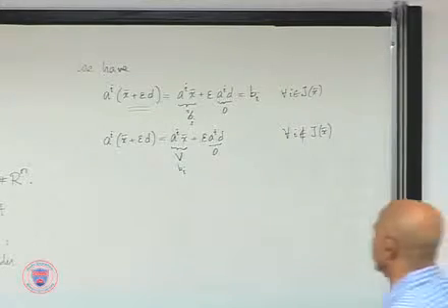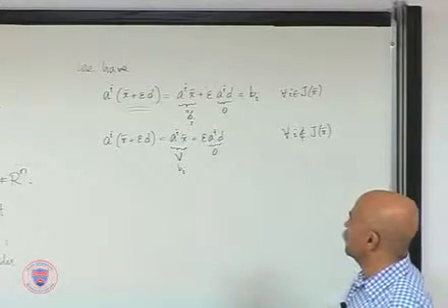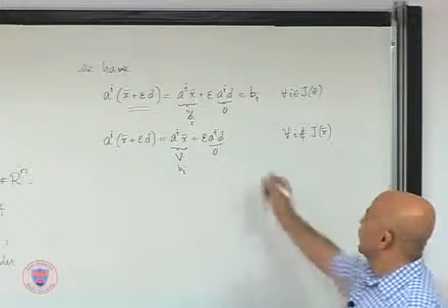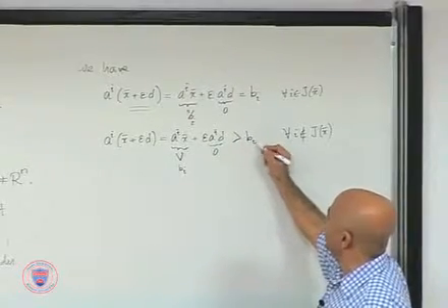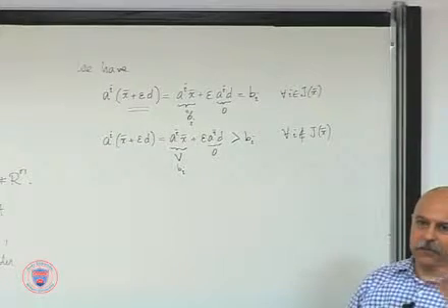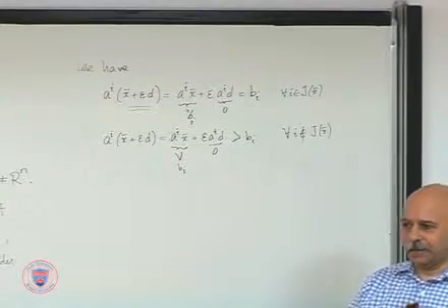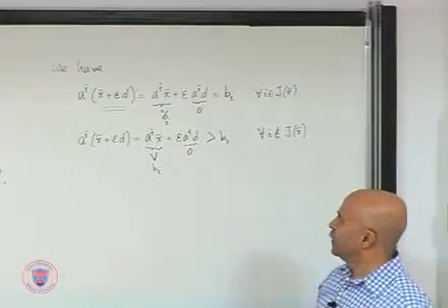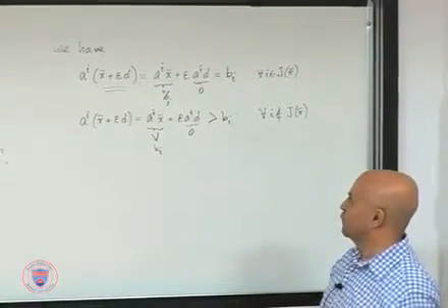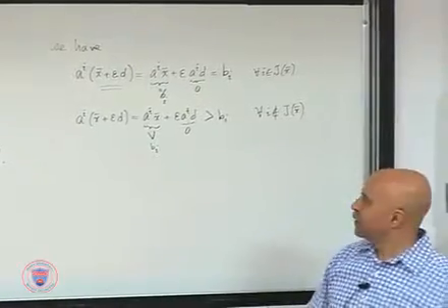All right, so this is true, which means that this entire thing is greater than bi for such constraints if you choose epsilon sufficiently small.